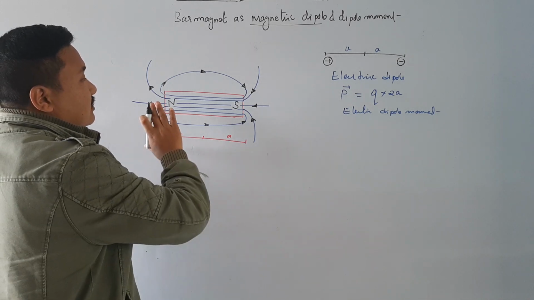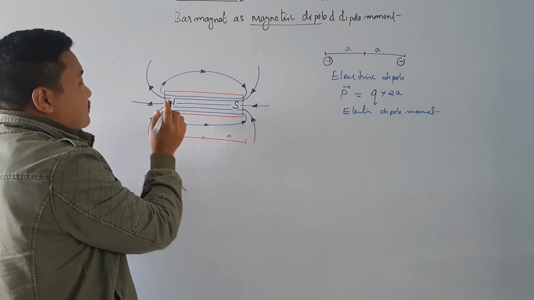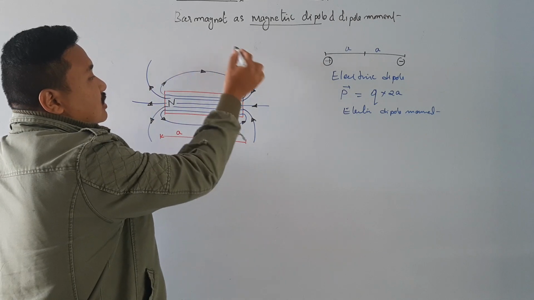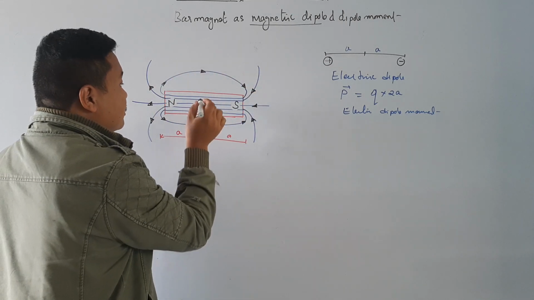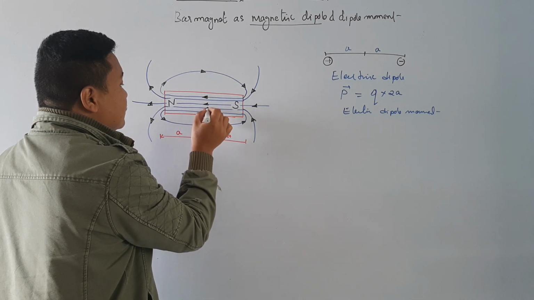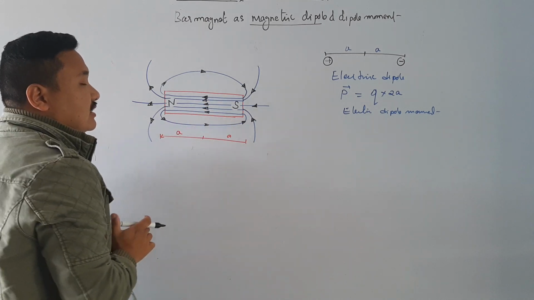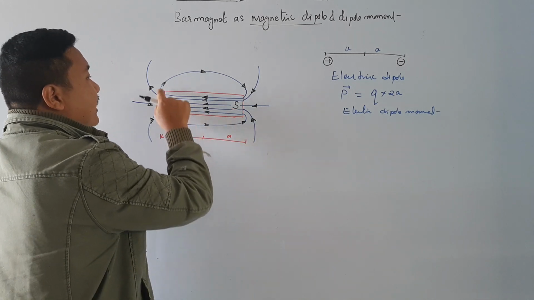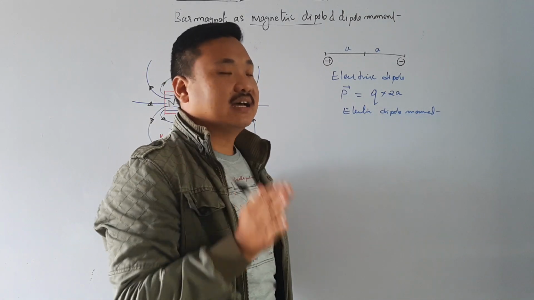The magnetic field direction outside the bar magnet is from north pole to south pole, but inside the bar magnet it is from, this is a very important concept. So you have to write a note: inside the bar magnet, the magnetic field line goes from south pole to north pole and it forms a closed loop, that you have already studied in class 10.